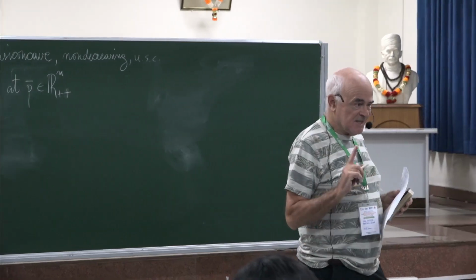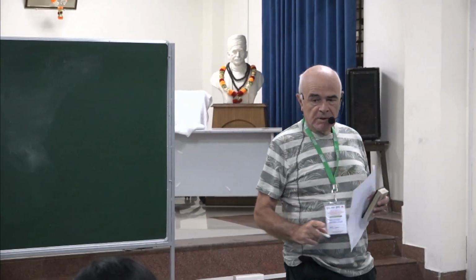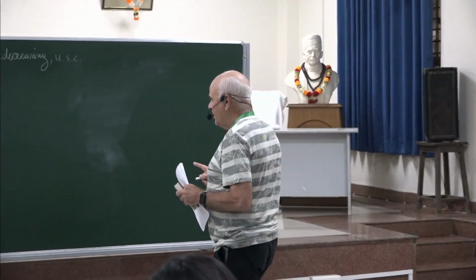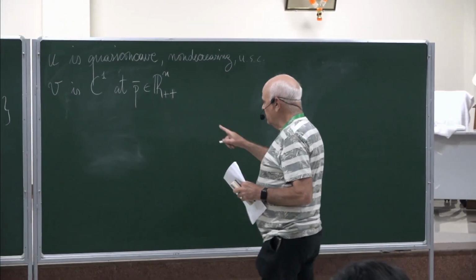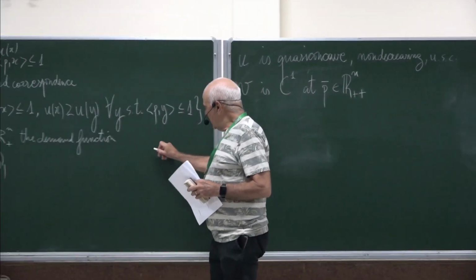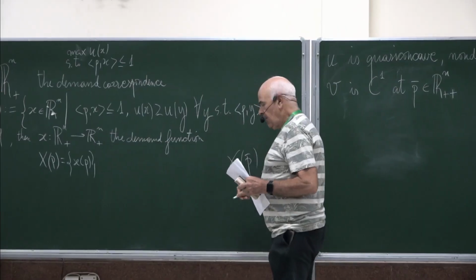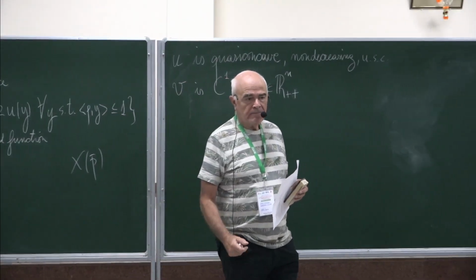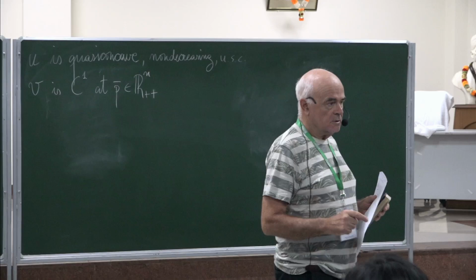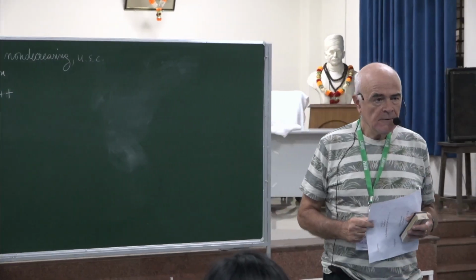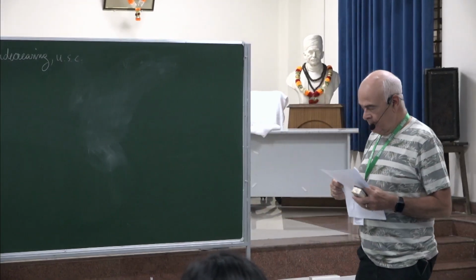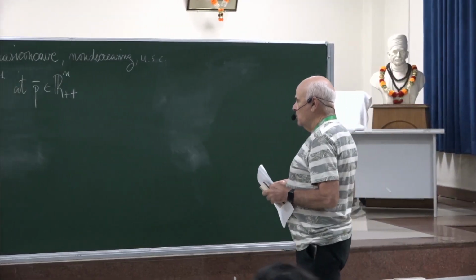P bar is a strictly positive price vector. So we are interested in finding X of P bar, okay, for this particular P bar. And P bar is in the interior of the price vectors.